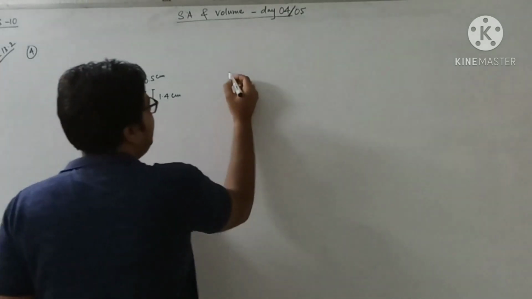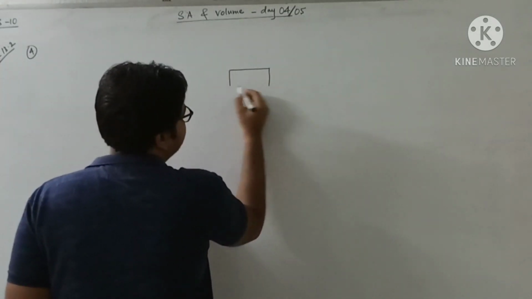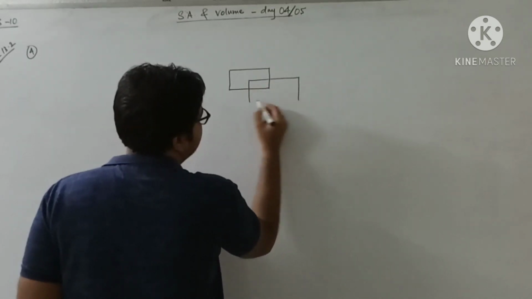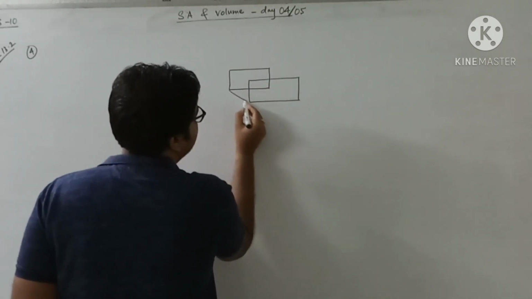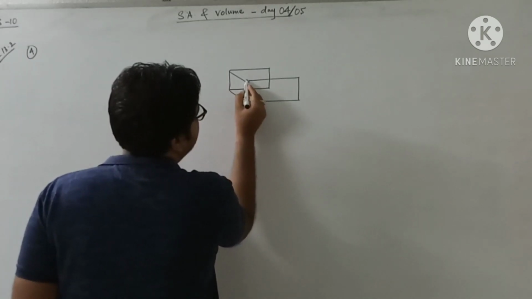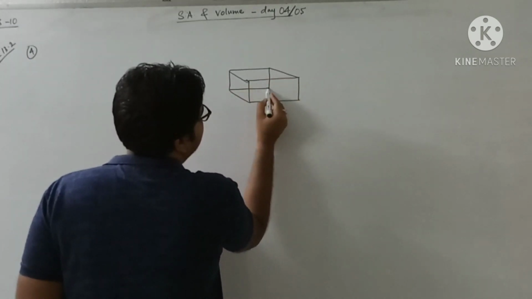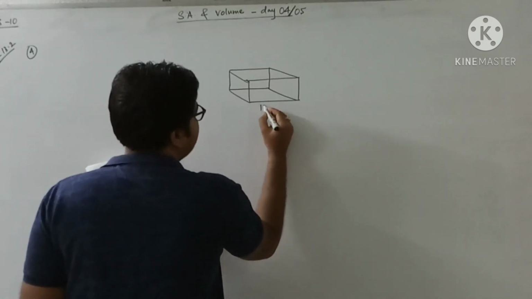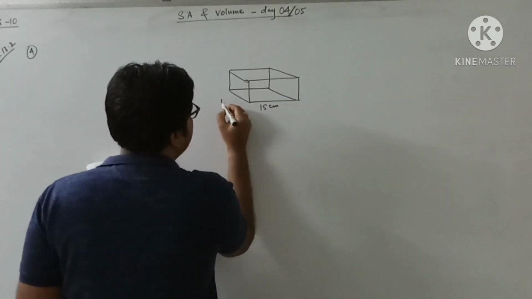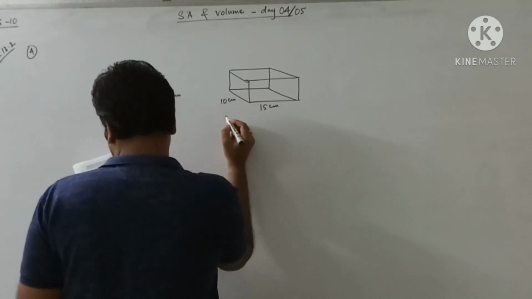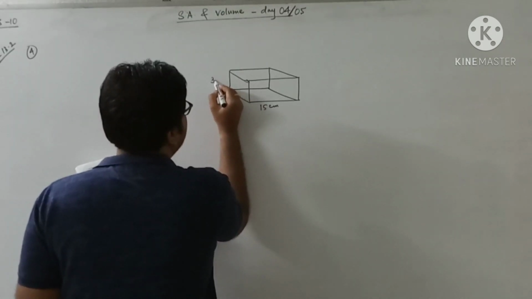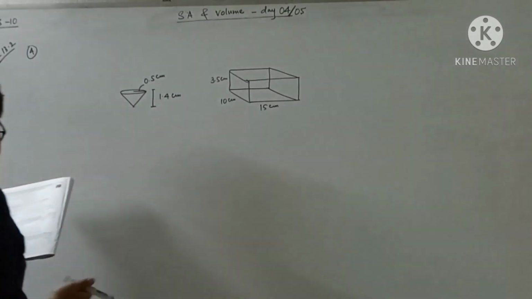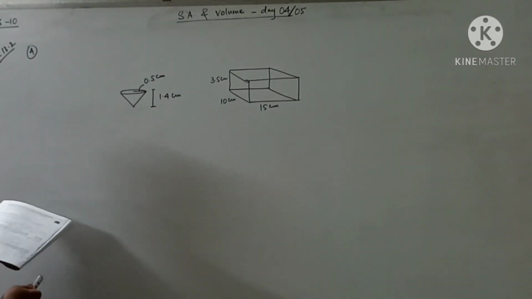And for the cuboidal pen stand, length is 15 cm, breadth is 10 cm and height is 3.5 cm. Find the volume of the wood in the entire stand.